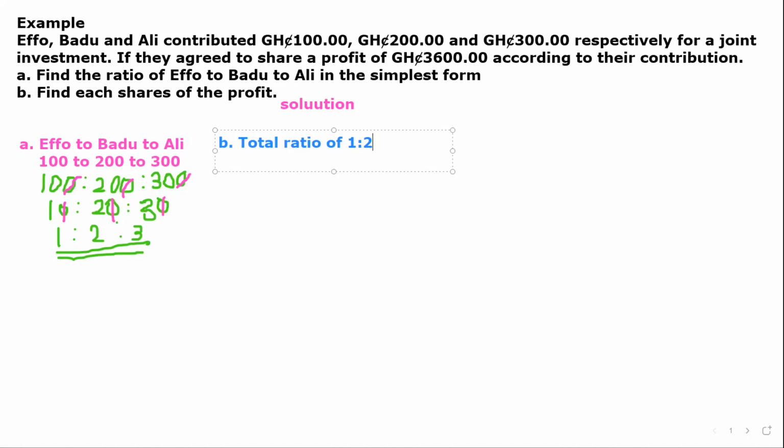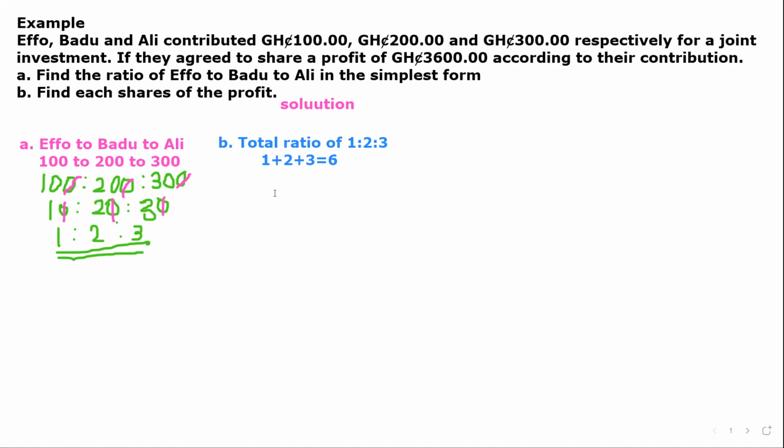Okay. And that will be 1 plus 2 plus 3. That will be equal to 6. Okay. And that is the total ratios.